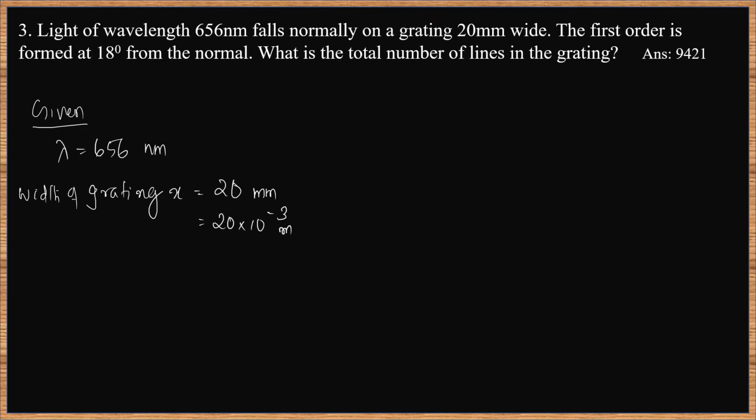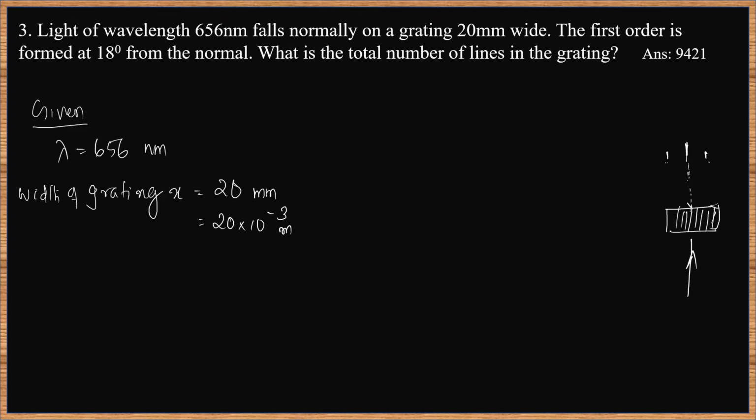So what does that mean actually? This is the central maxima and the principal first order maxima. This is the first order. This is a grating, and the ray of light is incident normally on the grating. There is a normal here, and along the normal we can see the central maxima.